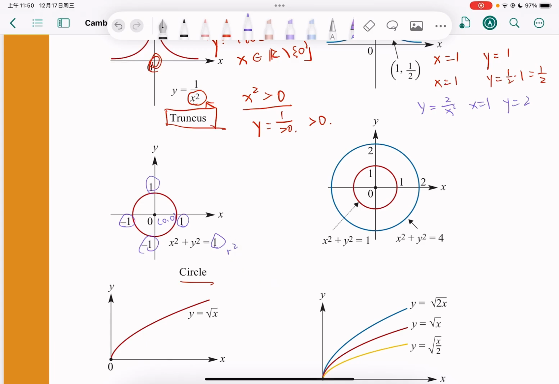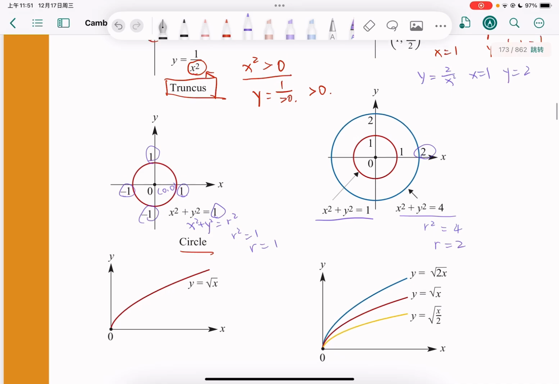We have the general formula x squared plus y squared is equal to r squared, and r squared is equal to 1, which means r is equal to 1, because our radius must be positive, so r cannot be negative 1. It's this red circle over here. Then what about the blue one? If r squared is equal to 4, that means r is equal to 2, so that will be just a bigger circle with a radius of 2.